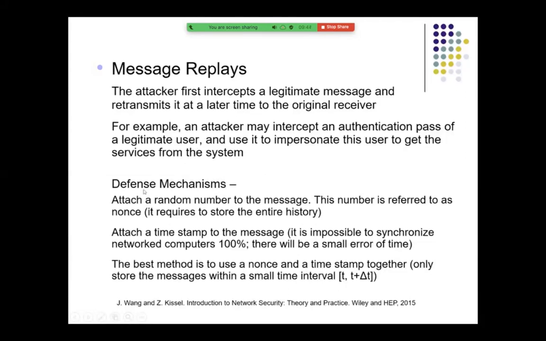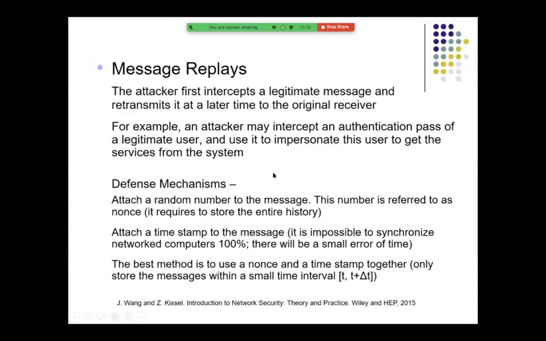The defense mechanism is to attach a random number to the message, a unique random number. This number is referred to as a nonce. So for instance, when Alice sends a message with a nonce to Bob, Bob will record that nonce in its system.